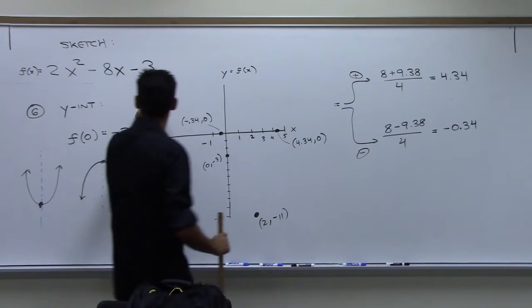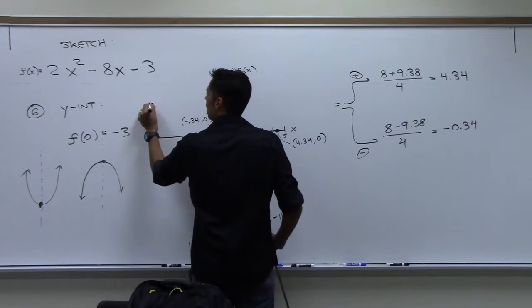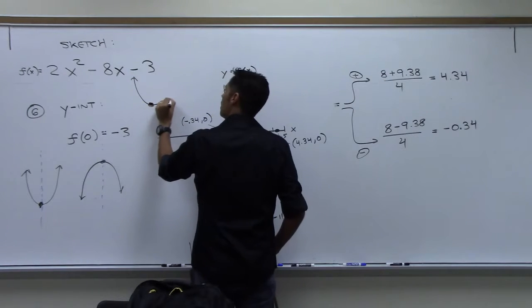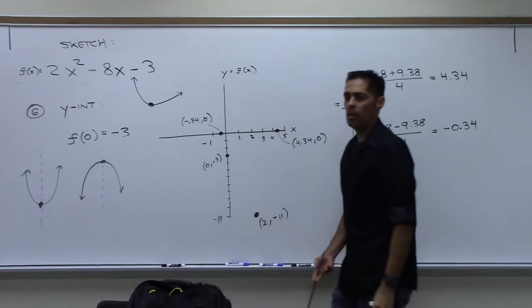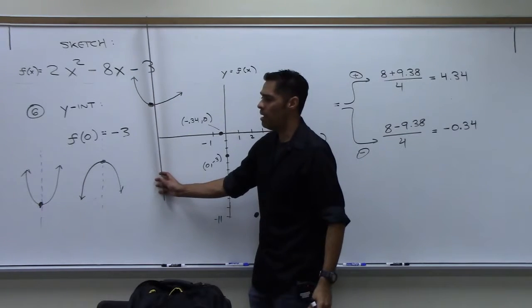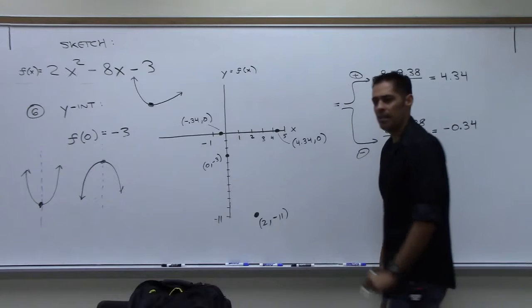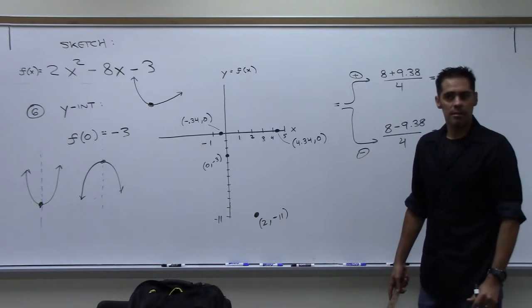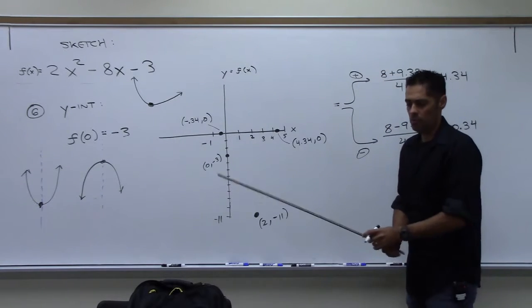It's not possible to get a parabola that looks like this. It goes up like that, and then on this side does this. That is not a parabola. All right? It's got to be symmetric across that imaginary line. So when you draw this, it needs to look symmetric as best as you can do, right?